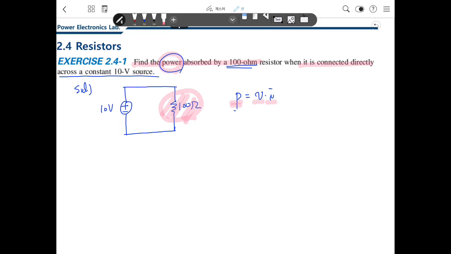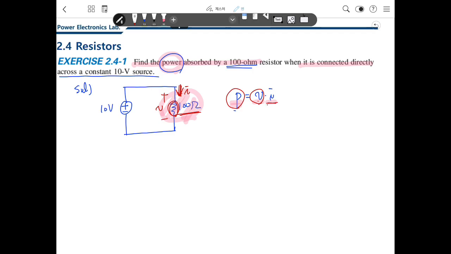What kind of voltage? Because the power is only here, the voltage is here, and the current is also here. I make the direction of current this way. Why? This is a resistor, a passive element, so I choose the direction here to follow the passive convention.